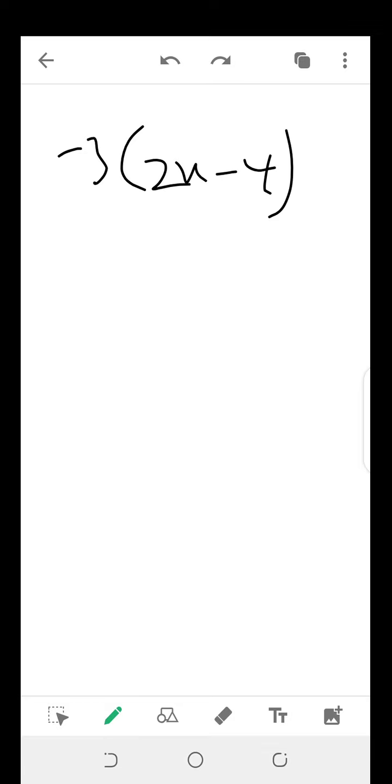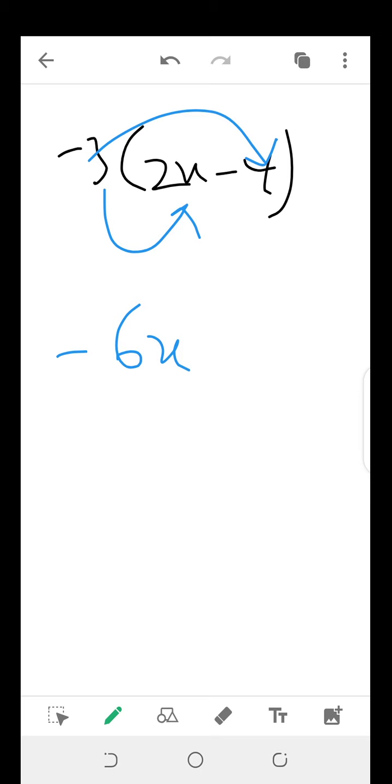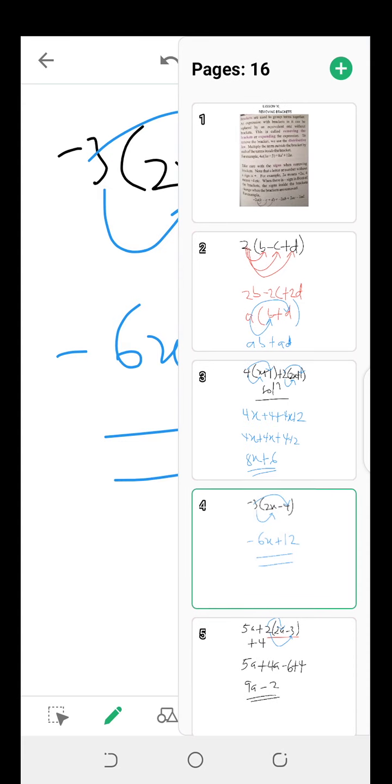So here too, the negative 3 will be operated on the 2x, and negative 3 will be operated on the 4 here. So negative 3 times 2x will give us minus 6x, and the negative 3 on negative 4 will turn to plus 12, and this is our answer.